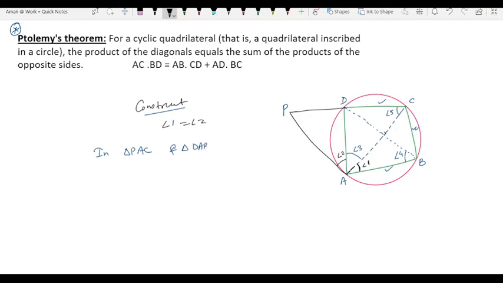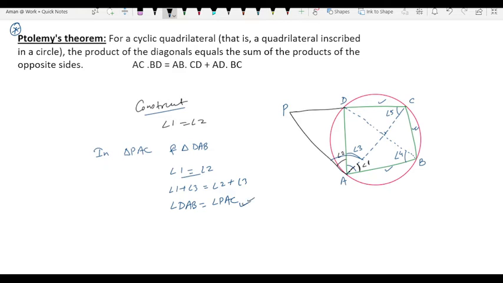So how can we say that these two triangles are similar? Here, angle 1 and angle 2 are equal. If we add angle 3 to both sides, angle 1 plus angle 3 equals angle 2 plus angle 3. 1 plus 3 is angle DAB, and 2 plus 3 is angle PAC. So these two angles are equal.